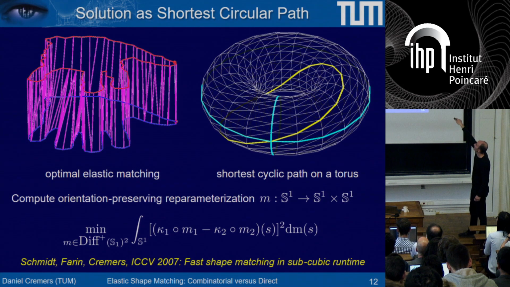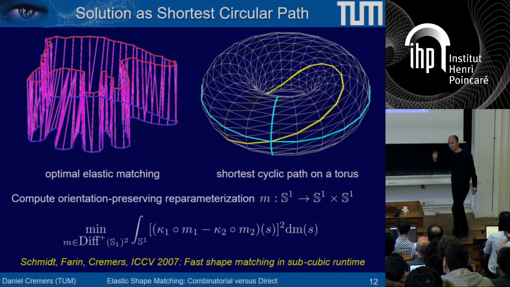And now you can easily verify that any elastic matching of the blue shape to the red one, preserving the orientation, corresponds to a cyclic path on this torus. If we know the initial point, then we know it goes through some point here. If we don't, then it's some cyclic path starting somewhere here and looping around each of these circles once.